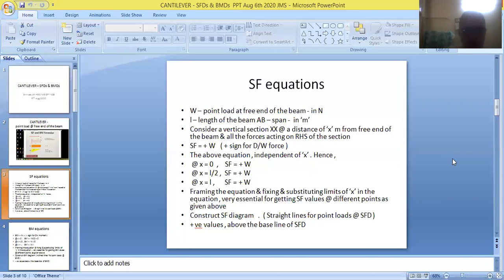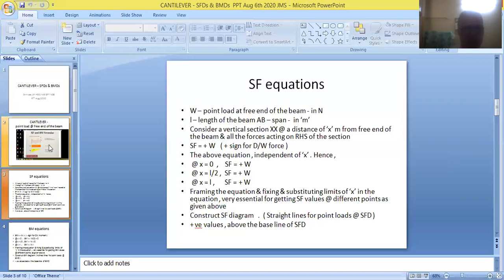Only a point load is given in this example, so straight lines must be used for indicating point loads in the SF diagram. All these values are positive, so all these values will be coming above the baseline of the shear force diagram.